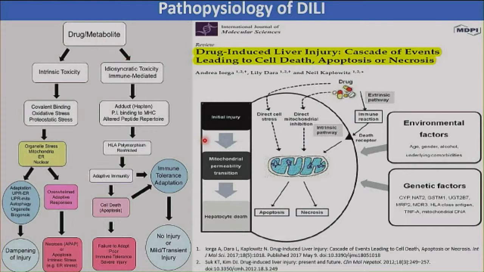But the pathway of idiosyncratic, besides the genetic condition that can make it easier for the person to have DILI, there is some other immune-mediated mechanism that can make the person prone to have DILI.